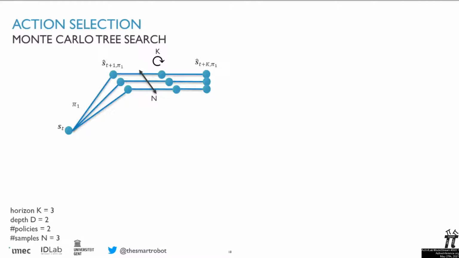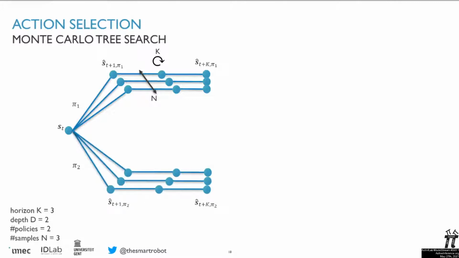So you have now at each time step n samples for the kind of states you think you will visit after following the first policy. And then if you have a second policy, you can do the same thing for that policy. So in this case, we only consider two potential policies. For instance, go left or go right, let's say.